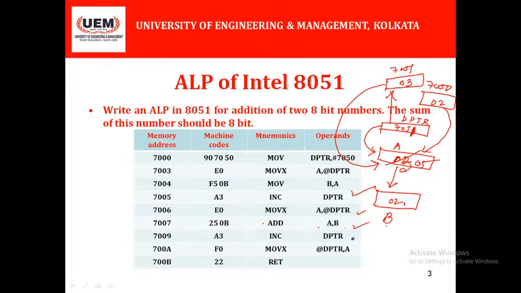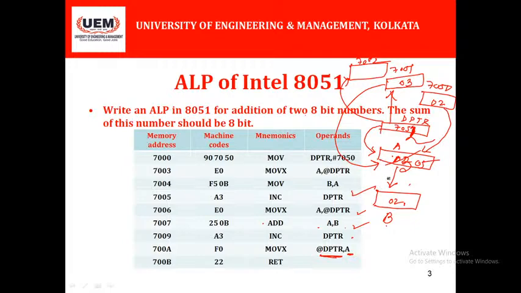Next, increment DPTR. We are going to increment the value of the DPTR, or data pointer register. Now DPTR is going to be 7052. Next, MOVX @DPTR, A. The value of register A is transmitted to 7052, the address pointed to by DPTR.